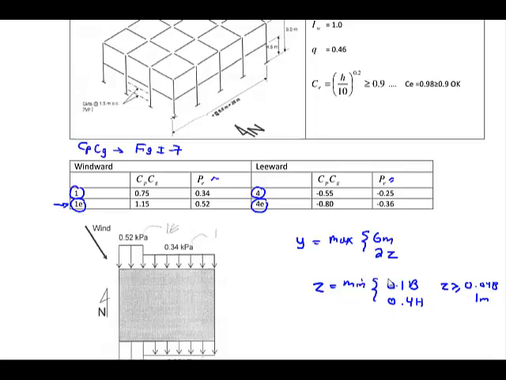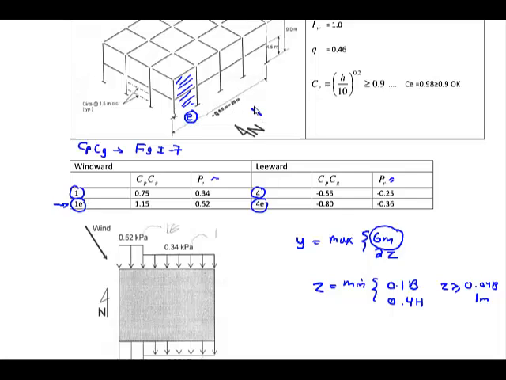So these are lower limits. So if you go through all this, you're going to find the value that's going to control is this 6 meter. So basically this region here, almost up to the column, is an N region. So this is N region here, and the rest is your regular region.